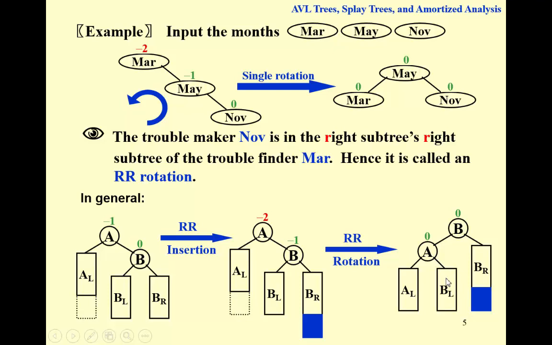Why does it work? The point is, after the rotation, it must still be a binary search tree. So is this the correct position for the left subtree of B? Let's check it out.